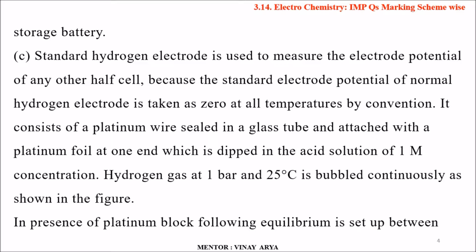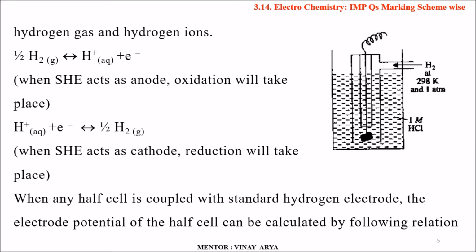Hydrogen gas at 1 bar and 25 degrees Celsius is bubbled continuously as shown in the figure, and that will come on the next slide. In the presence of platinum black, the following equilibrium is set up between hydrogen gas and hydrogen ions: half H2 gas gives H⁺ ion plus electron.